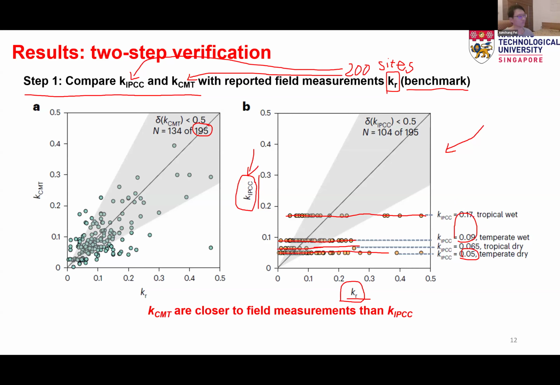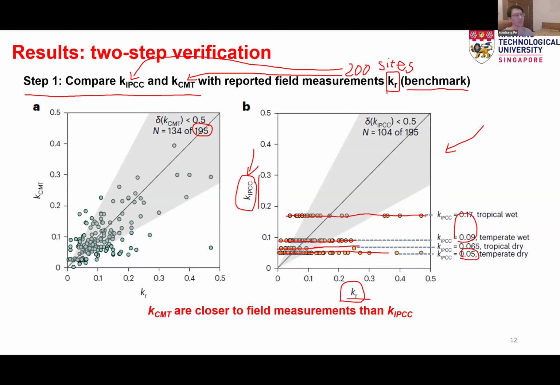Also, I don't want to blame IPCC too much because they have some general guide. It's basically just a general guideline, right? And even in their appendix, they acknowledge that the K default values are not very accurate. They are saying that if you have a better K value, a measured K value, then you just use the better value. By all means, you should use the measured value.